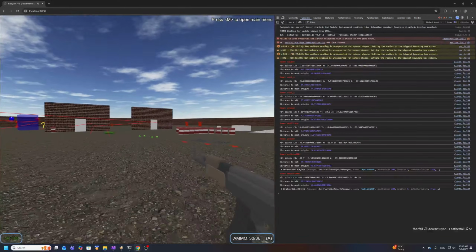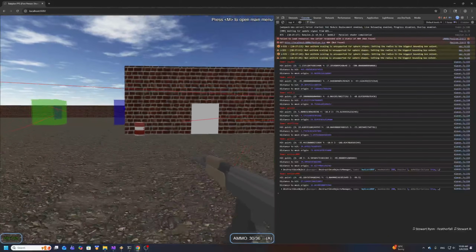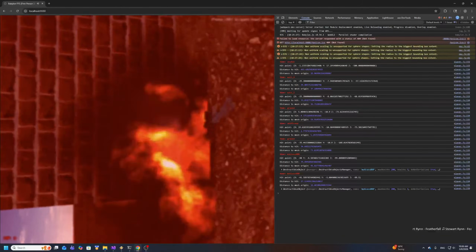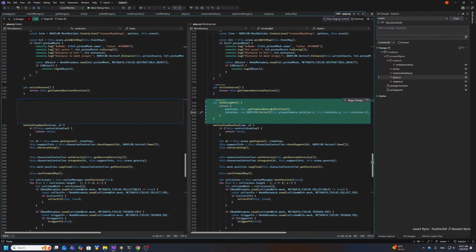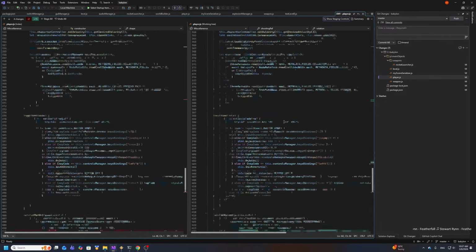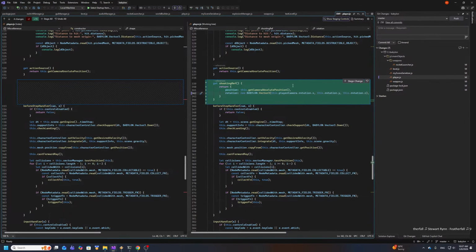Actually, the only situation when we have rotation around the z-axis is this, so we lean on the side. That's the only case. So yeah, well, the only problem is that if we get this position from the camera, we are making our third-person perspective not work, but that's fine because I'm making a first-person shooter, so who cares?